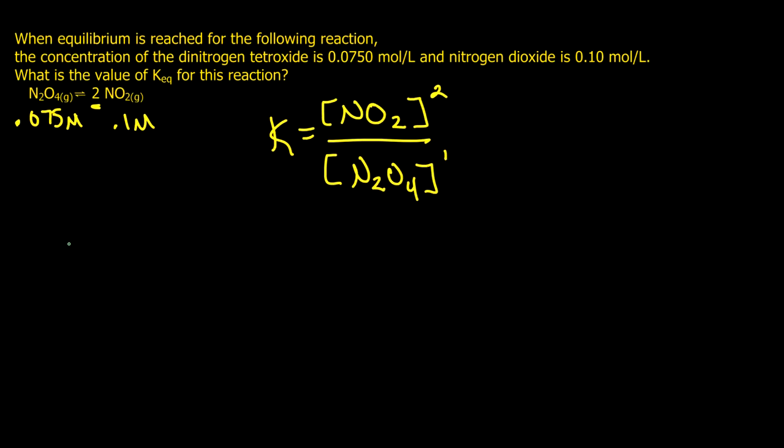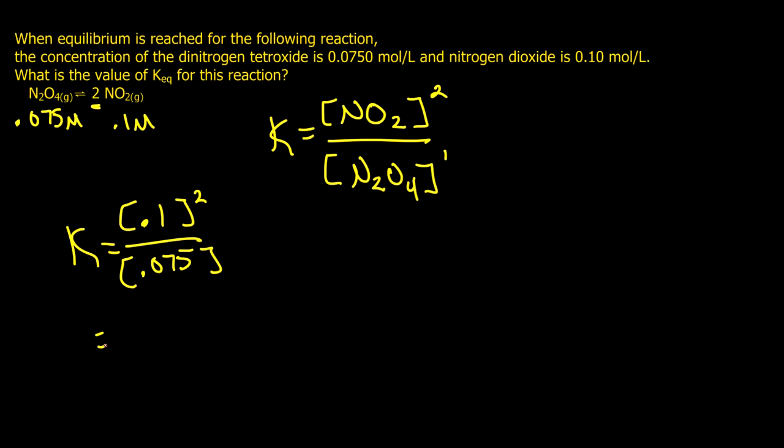Now we can just plug in our values. So K equals concentration of NO2 is 0.1, and it is squared. Concentration of N2O4 is 0.075, and it is to the first.